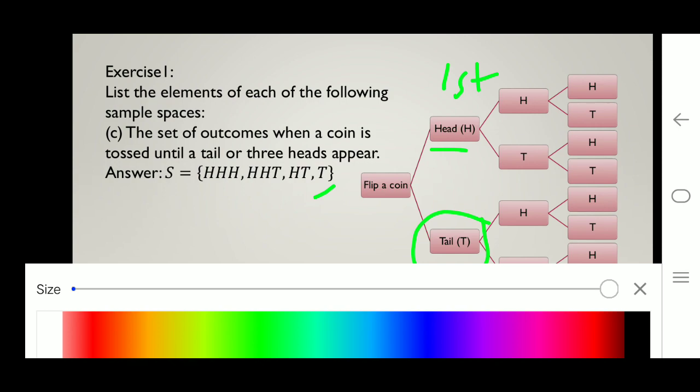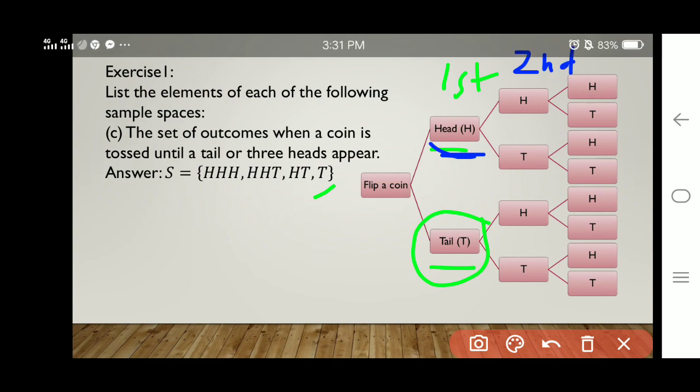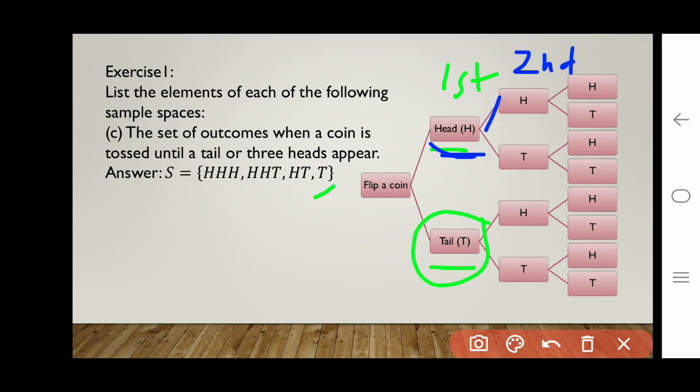Kapag lumabas na yung tail agad sa first toss, ay halimbawa, hindi, ang lumabas is head. Therefore, may second toss ka, di ba? Halimbawa, ang lumabas is tail na agad. Therefore, di ba, nakakuha ka na ng isang tail. Therefore, stop ka na doon. Ito na yung another sample element mo, sample point.